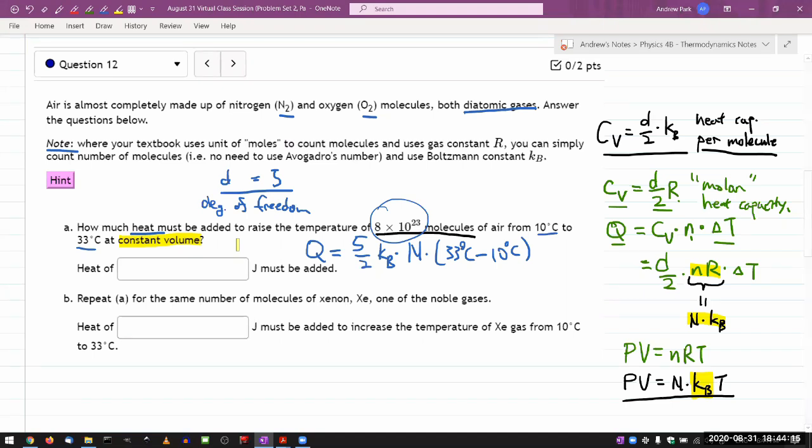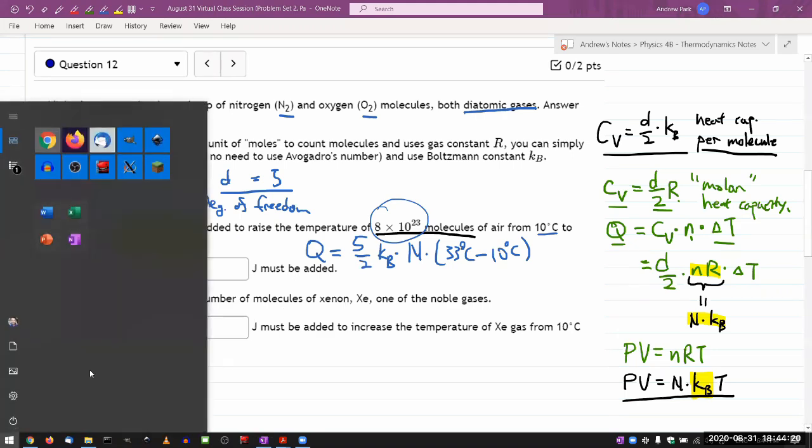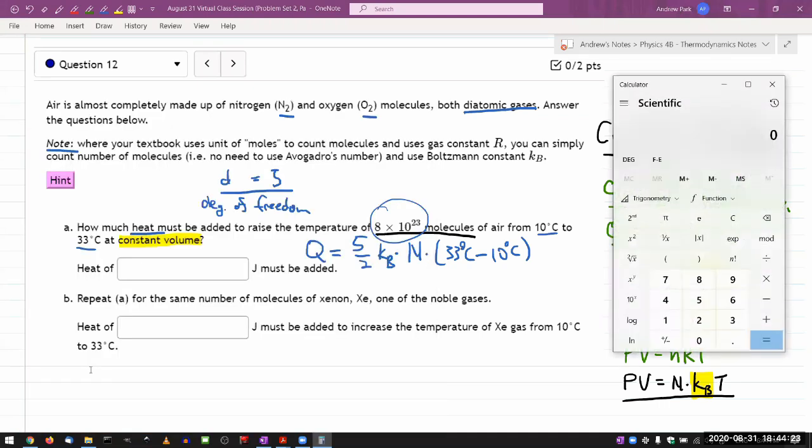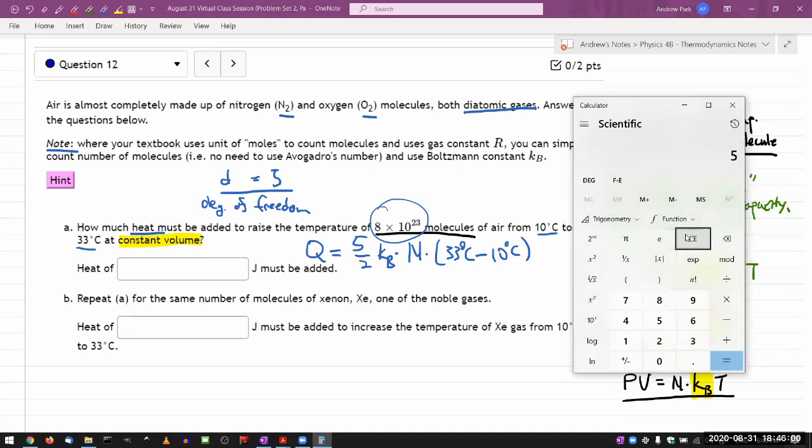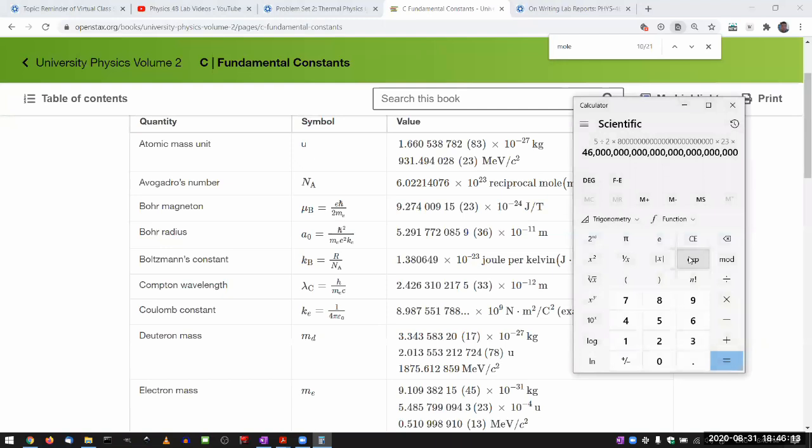So that's the expression you should be using. And since an unusual number of people were asking, let me just plug in the numbers to make sure I did this correctly. Technically what I want to be sure is that I didn't make any programming error in the question. 5/2 times number of molecules, 8 times 10 to the power 23, times now let me plug in Boltzmann's constant, 1.38 times 10 to the power of minus 23, equals 635 joules.